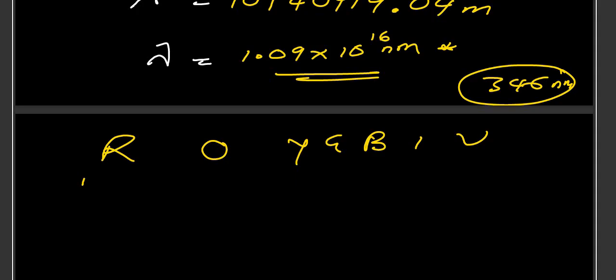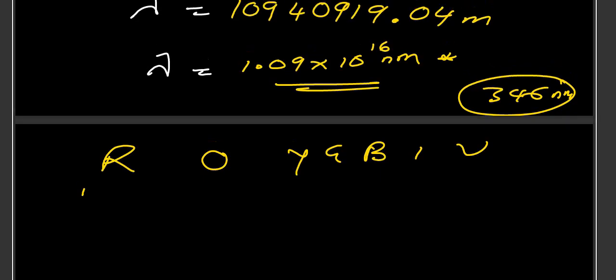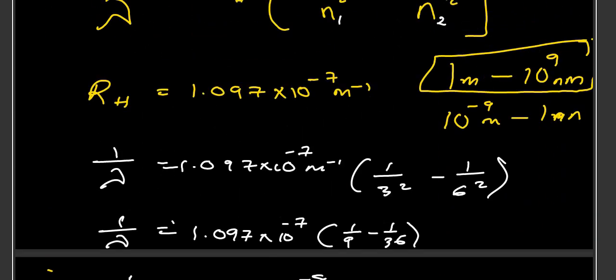You should see it a minute from now on your WhatsApp. Whenever we do calculations on the visible spectrum, we should be able to relate the wavelength with a certain color. So the answer, I think, should have been violet or something. There is always that. So that's what you need to do, but the steps are the same. Cross-check the Rydberg equation I've given you and try to redo it. You should get the same answer.